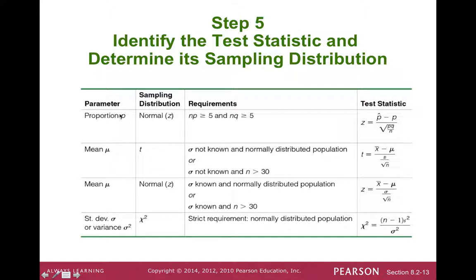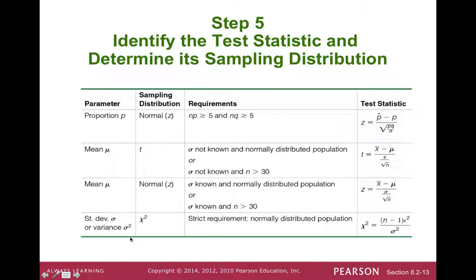If you're looking at a population proportion, you'll use this z-score test statistic. If you're looking for a mean, you'll use this t-score statistic, similar to what we saw in Chapter 7. This would be if you were using a t-distribution, and this would be if you were using a z-distribution. So this would be your test statistic.